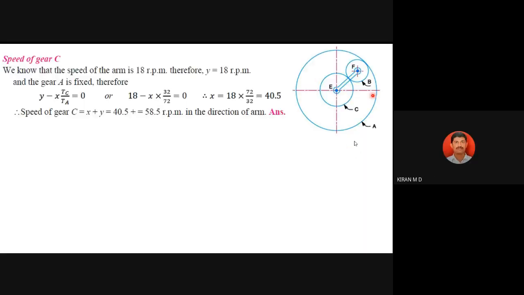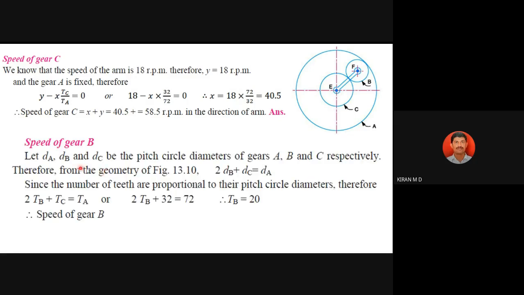Yes, sir. The total distance is equal to this plus this. Otherwise, the diameter of gear A is equal to this diameter plus this diameter, and again this diameter, since it can rotate around, it is 2 diameters of B. Let DA, DB, DC be the pitch circle diameters of A, B, C respectively.